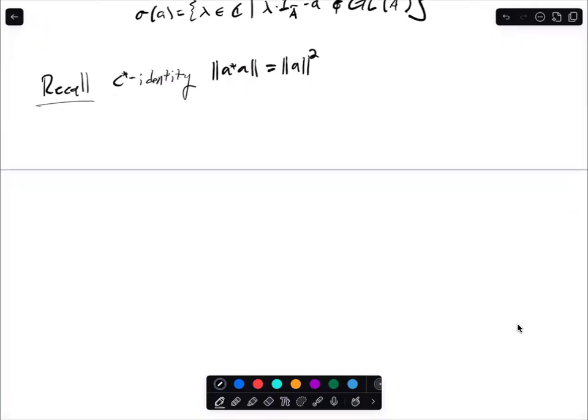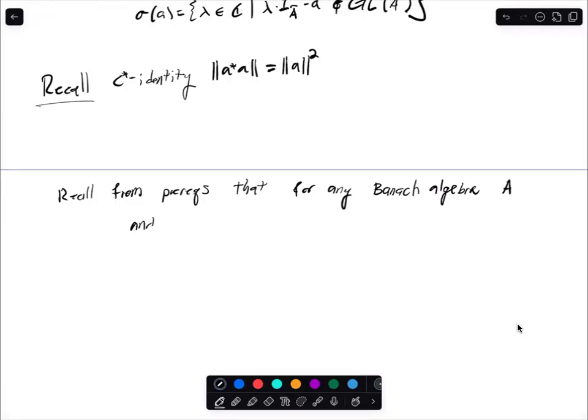So let's recall a couple of things from the prereqs. For any Banach algebra A and any element in that Banach algebra, the spectrum of A is confined to the ball of radius given by the norm.